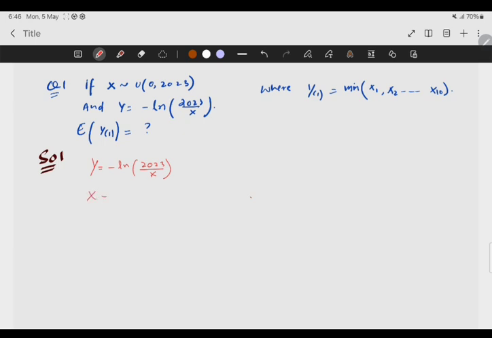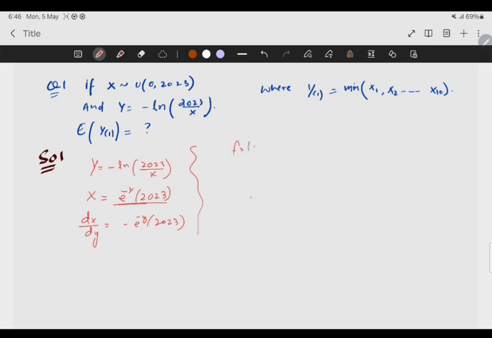That will be nothing but X is equal to e raised power minus Y multiplied by 2023. Clear? Now find dx upon dy. That will be nothing but minus e raised power minus Y times 2023, differentiation of this with respect to Y. 2023 is constant.